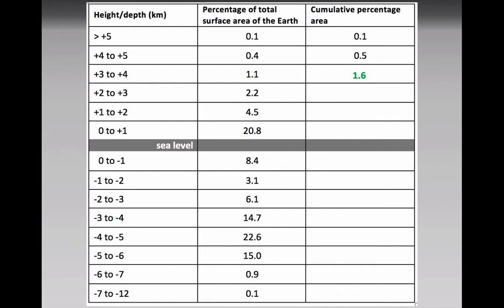Okay then, let's see what we've come up with. If we keep adding our values, we can see that higher than 2 kilometres is 3.8%, higher than 1 kilometre is 8.3%, higher than sea level is 29.1%.